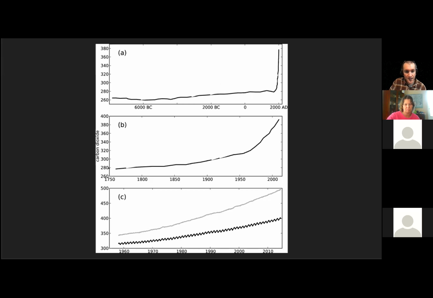We can focus in on just the last 250 years since 1750, and you can see this a little bit more closely. And if we focus in one more time from the 1950s through the present, using our actual observations from the Mauna Loa observatory in Hawaii, the concentration is the black solid line. And we can now see that we're around 400 parts per million in the present day.